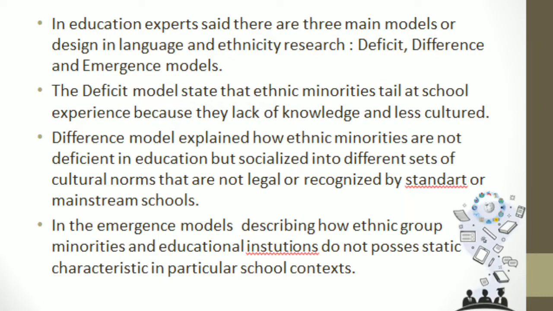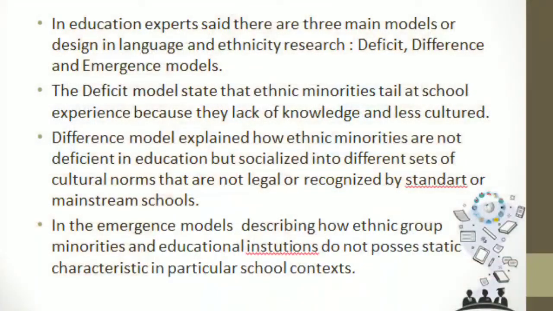The deficit model states that ethnic minorities fail in school experience because they lack knowledge and are less cultured. In the difference model, people try to talk in, for example, English, but not with the mainstream or standard norm of English.